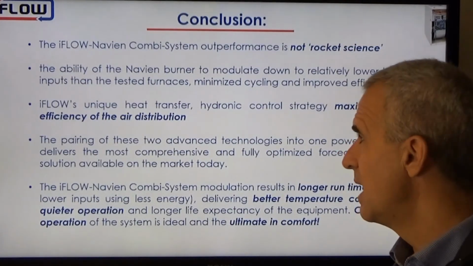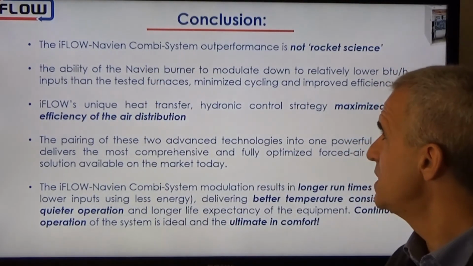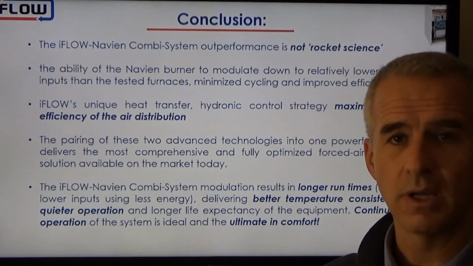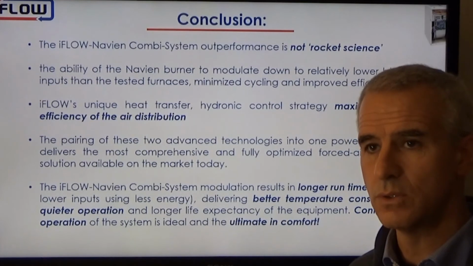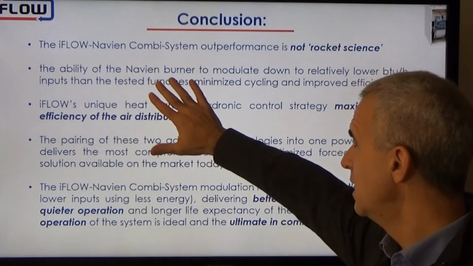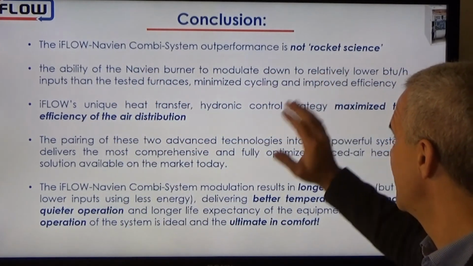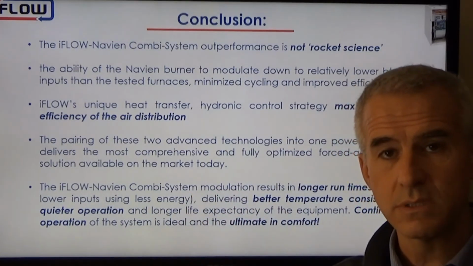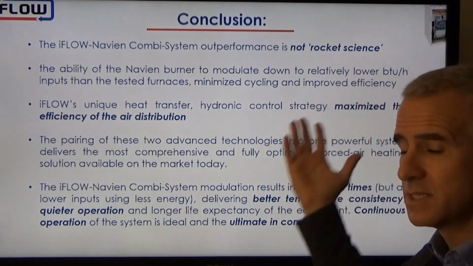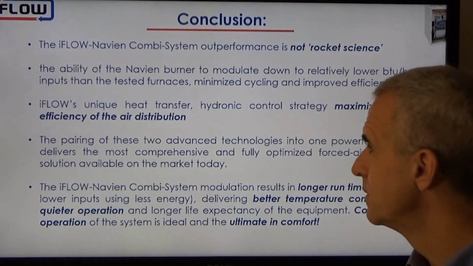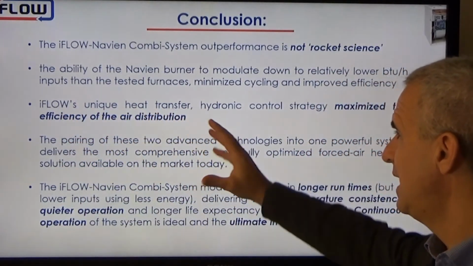So just to conclude and wrap up, the iFLOW Combi system's outperformance is not rocket science, right? This is not something difficult to understand. The ability of the Navion burner to modulate down to relatively low inputs means there's less cycling. Less cycling is improved efficiency, improved comfort. Then iFLOW's unique heat transfer, right?